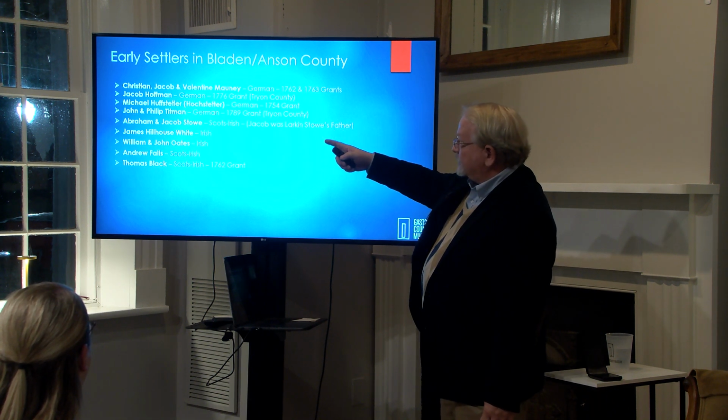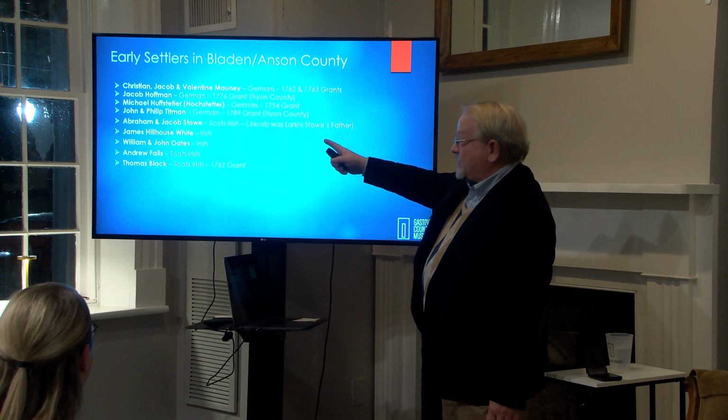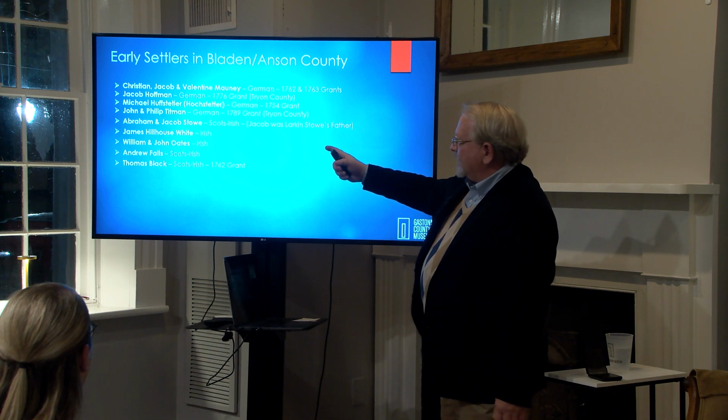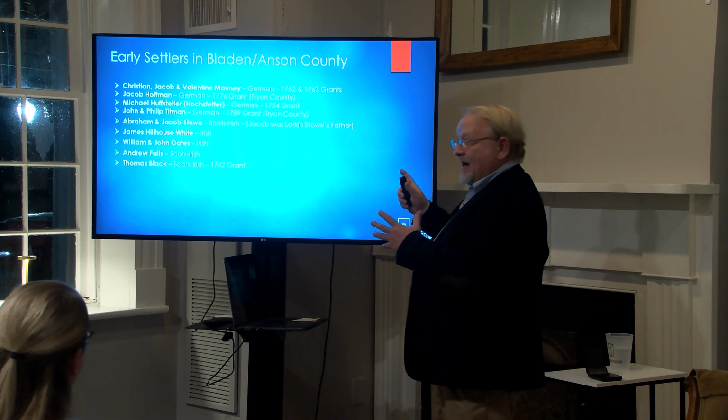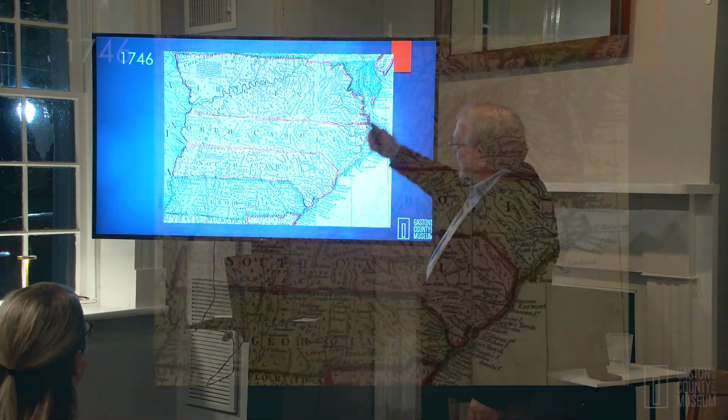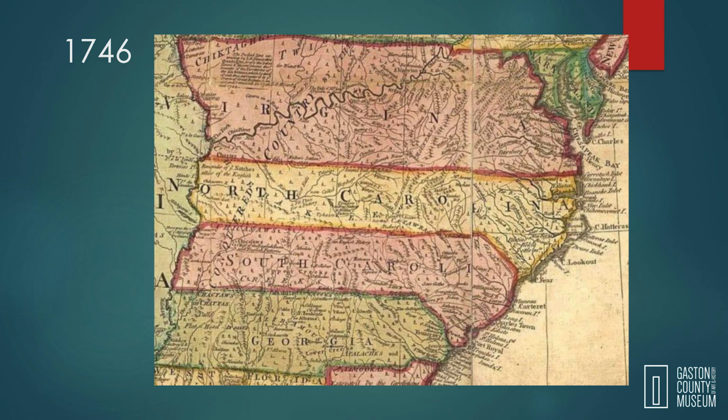Moonies, the Hoffmans, the Huffstettlers, the Titmans, the Stows. There come the Stows in there, Abraham. And then the Whites, the Oates, the Fall. And this is by far not everybody. These are just the ones that I was able to pull up pretty quickly. But now we're starting to look a little better.